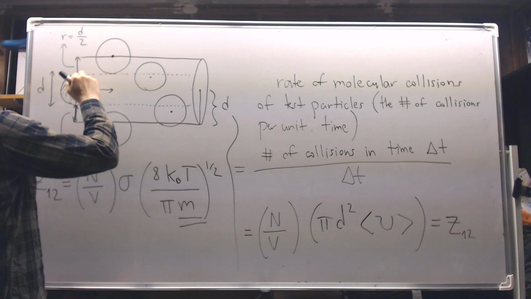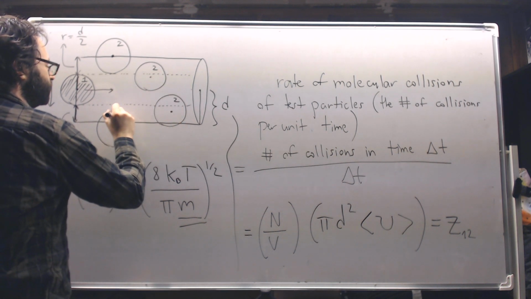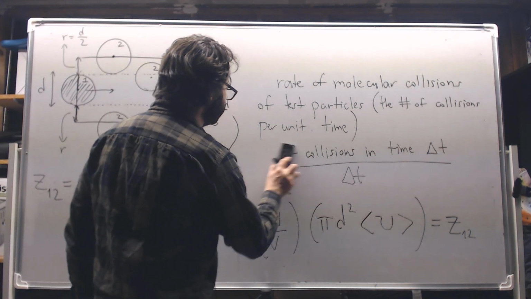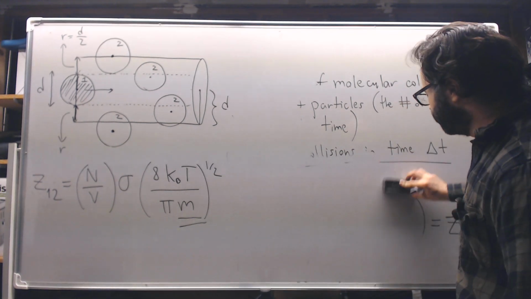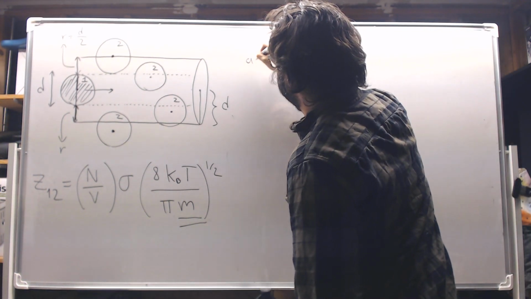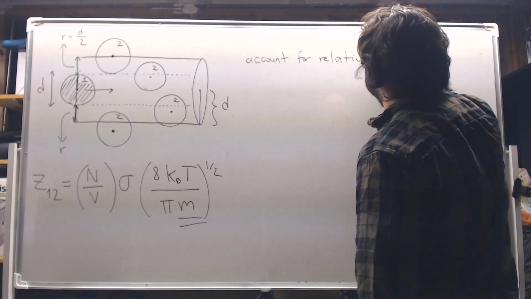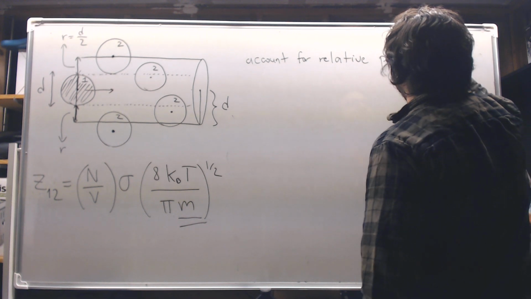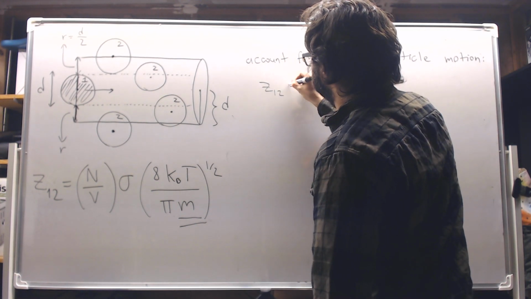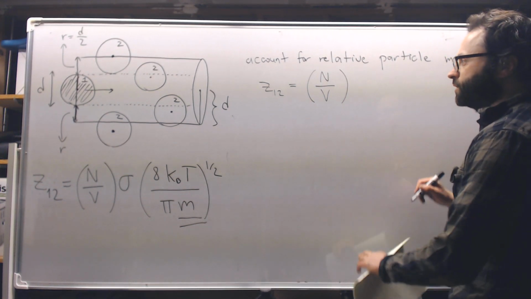So if this is particle 1, and these are all particles 2, and so this has mass m1, this has mass m2, if we account for relative motion of the particles with respect to each other, the net result is to change Z12 by a factor of the reduced mass as opposed to the mass itself.